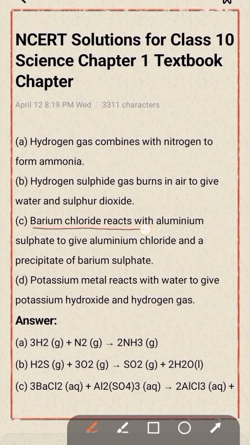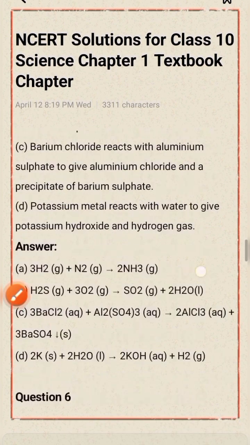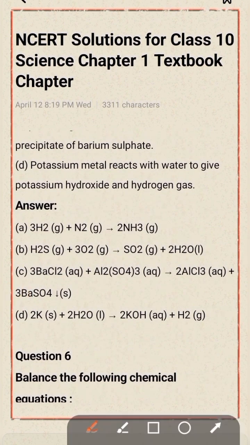Barium chloride reacts with aluminium sulfate to give aluminum chloride and a precipitate of barium sulfate. The balanced equation: 3BaCl2 barium chloride aqueous plus Al2(SO4)3 aluminum sulfate aqueous form 2AlCl3 aqueous plus 3BaSO4 barium sulfate solid precipitate.